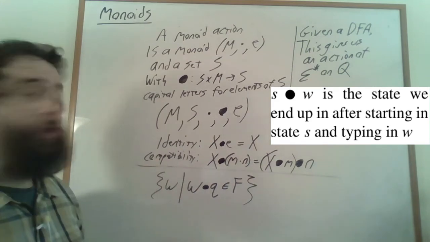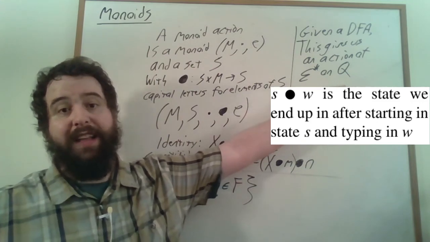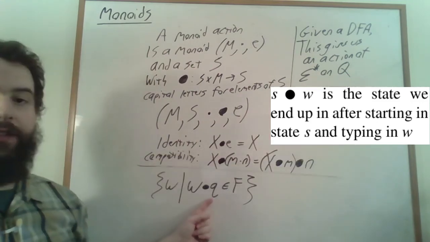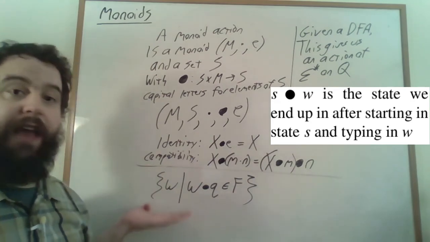In other words, once we have this monoid action of sigma star on our finite set, all we need is a starting state and a set of accept states, and this gives us a regular language.